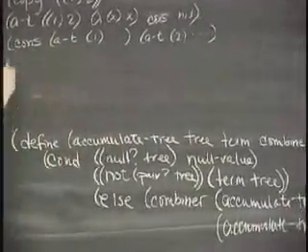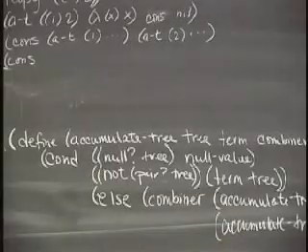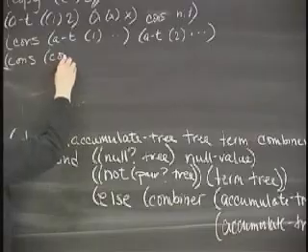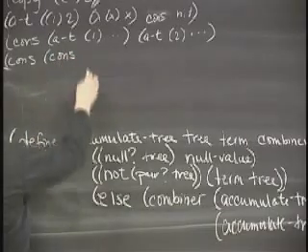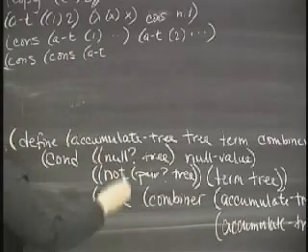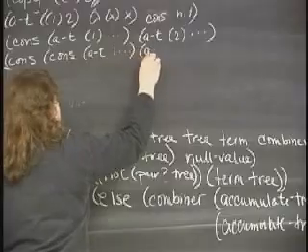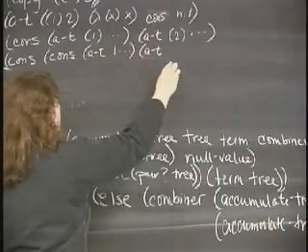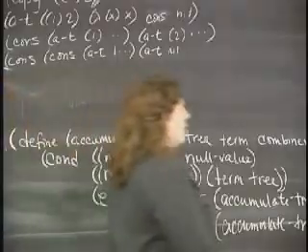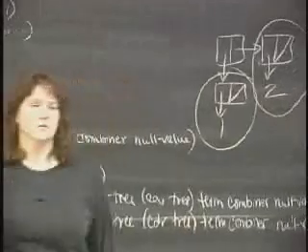Okay, so now cons accumulate tree on the list 1 falls here. So we're going to cons 2 things together. Accumulate tree on the car, to the accumulate tree of nil, the cdr of this. The car points to 1, and the cdr is nil.